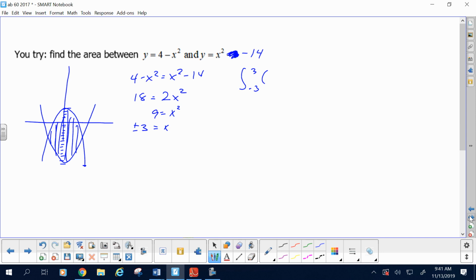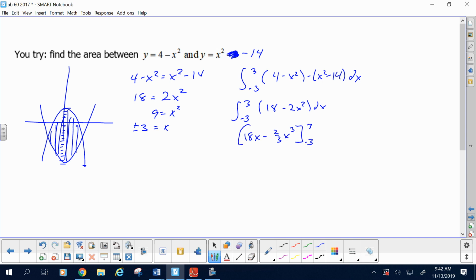So what's the upper here? 4 minus x squared or x squared minus 14? When you clean up, what do you get? Maybe something like 18 minus 2x squared. The antiderivative is 18x minus 2/3 x cubed.